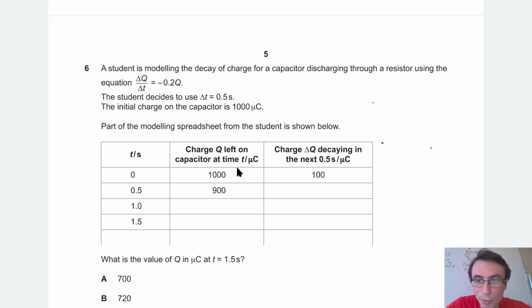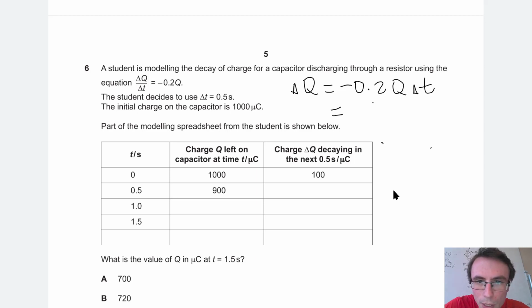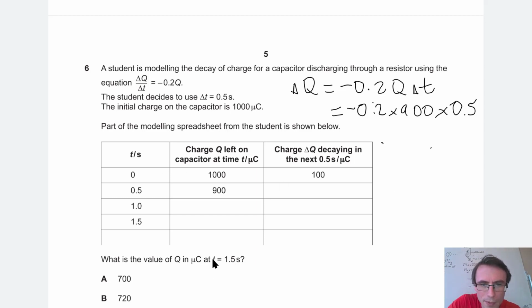Okay, so in order to get that, we need to fill out all of those individual columns, which is actually pretty easy. All I need to do, which I'll just write out, is find our delta Q. So delta Q, just rearranging this equation, will be 0.2 Q, which is the initial charge, multiplied by delta T. I'm going to write out the first one, which is going to be minus 0.2 times 900, and then times delta T, which is 0.5 in this case.